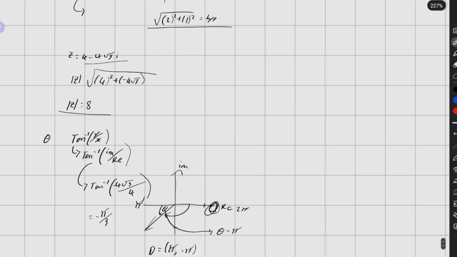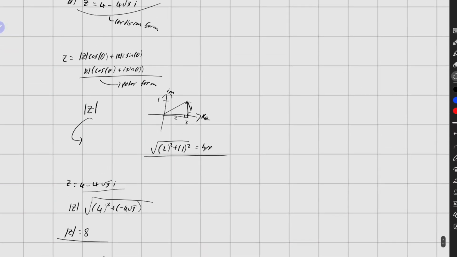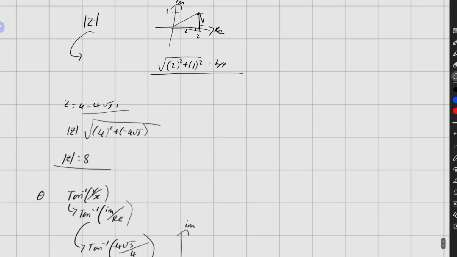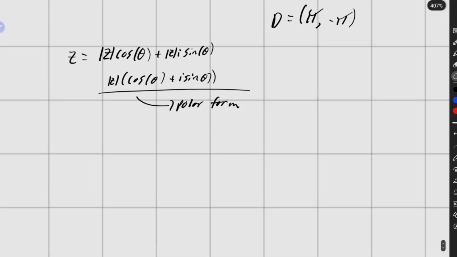So you know your modulus. I'm just going to copy this real quick, just so you can see the equation. So we established the modulus of z equals 8, theta equals minus pi on 3 radians.